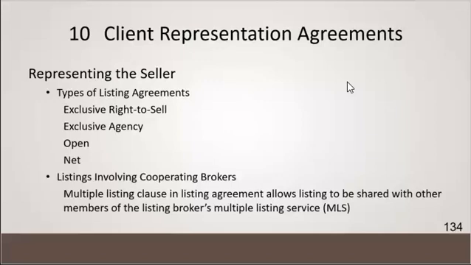The third one I want to talk about is what they call open agency. Now, here's the funny thing about open agency. The big deal with this is the seller can enter into as many open agencies as he wants.